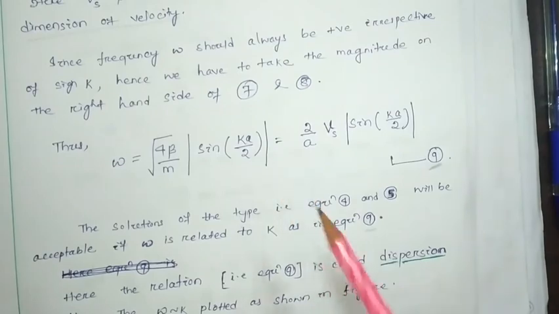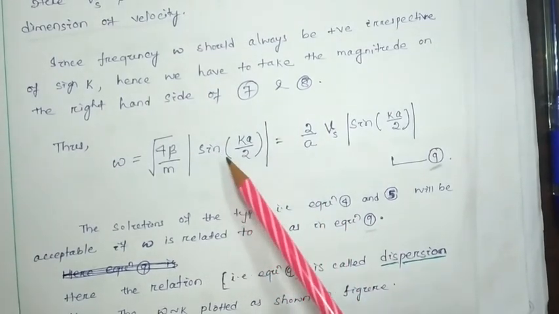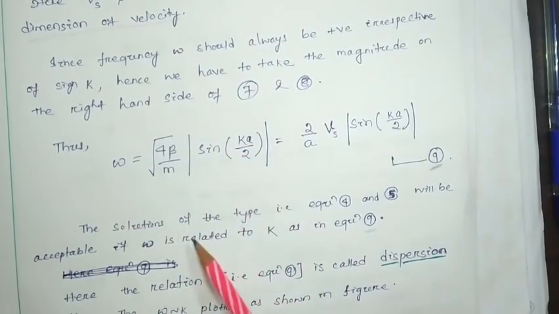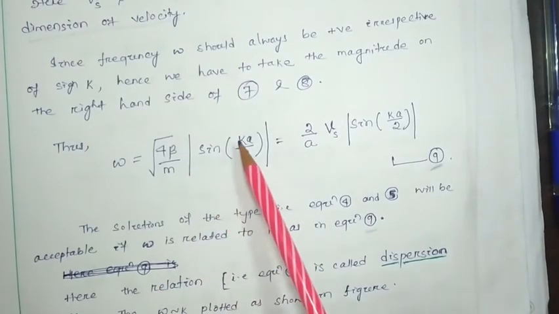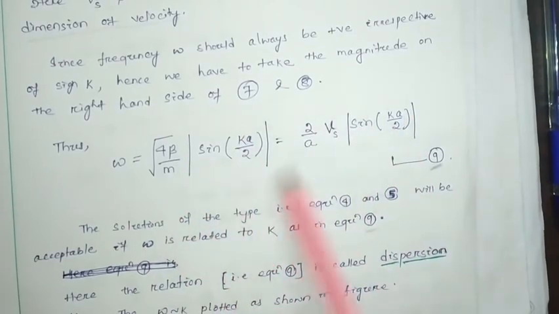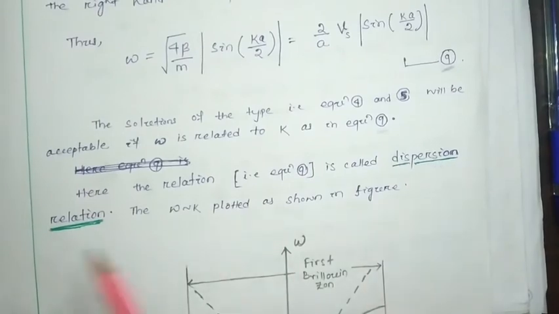From equation number 9 it can be found straightforwardly that k and omega are directly related. As omega and k are directly related with each other, this equation will be called the dispersion relation.